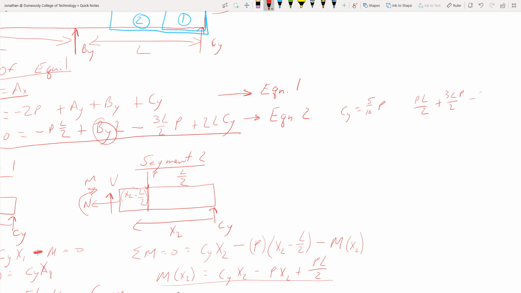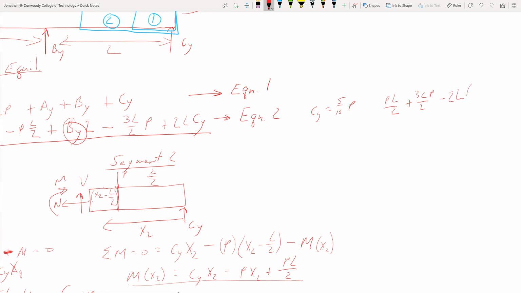Minus 2L times 5/16 P equals BY times L. So if I divide by L, I get that guy to go away, this guy to go away, this guy to go away, that guy to go away. And what do I end up with? BY looks like we'll be at 16ths. I guess we could go to 8ths if I wanted to.